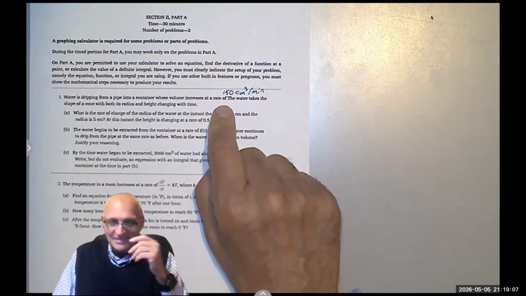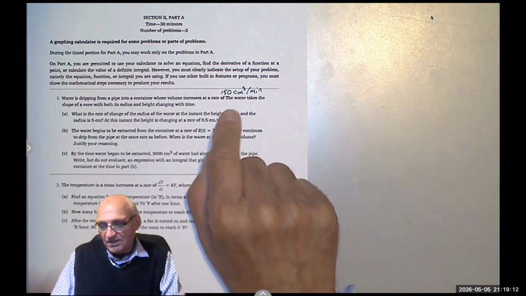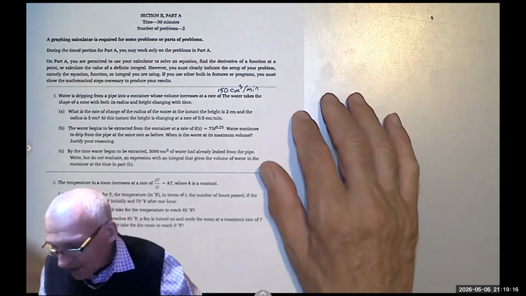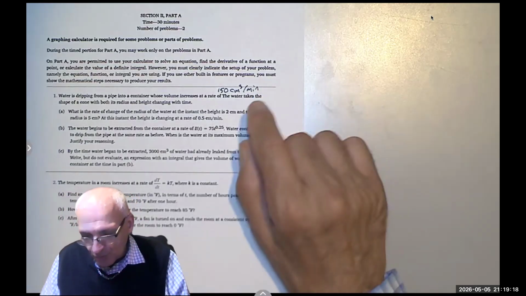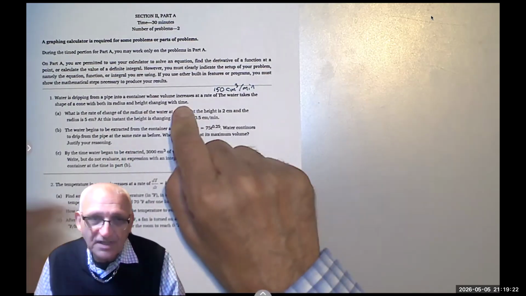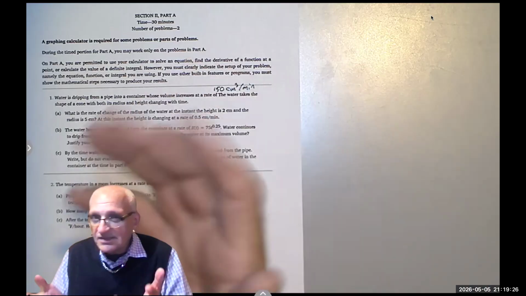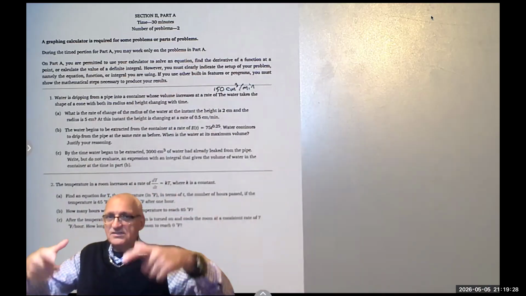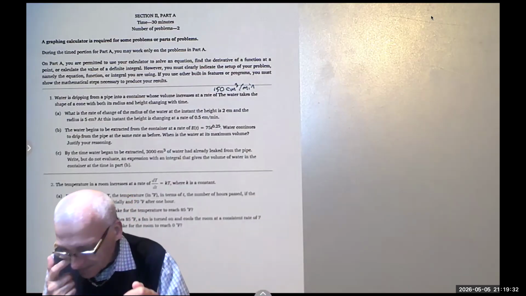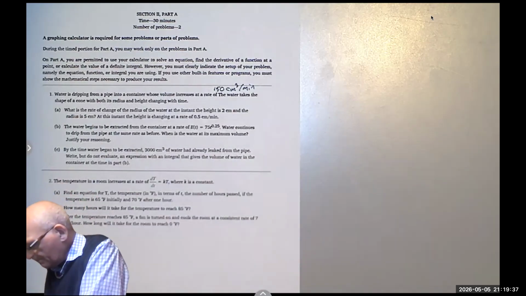I went online and checked, and it turned out to be 150 cubic centimeters per minute. The water takes the shape of a cone with both its radius and height changing with time. Of course, they change as the water increases, so it's not like a cylinder where the radius is constant and only the height changes. Now both change. So let me get a piece of paper.